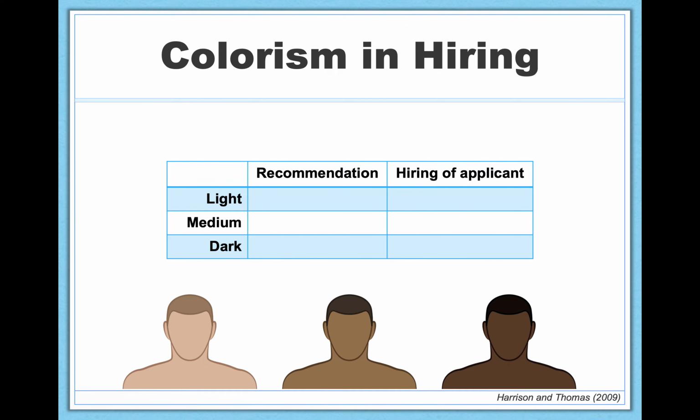So now I'm going to show you the results of the study in this table here. You have on the columns the two items that we just discussed, recommendation and the hiring of applicant. And then as rows, you have the complexion of the applicants, whether they were lighter skinned, darker skinned, or somewhere in the middle.